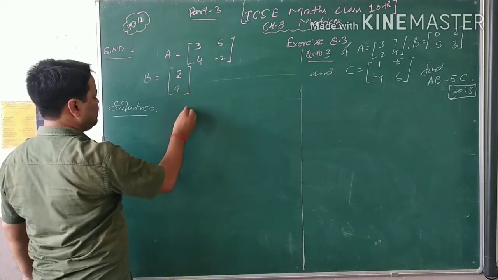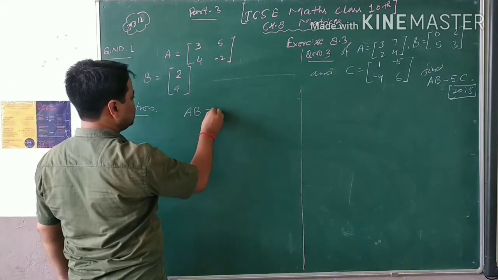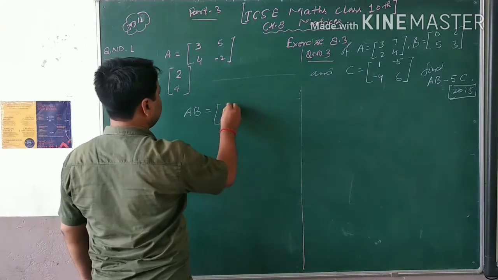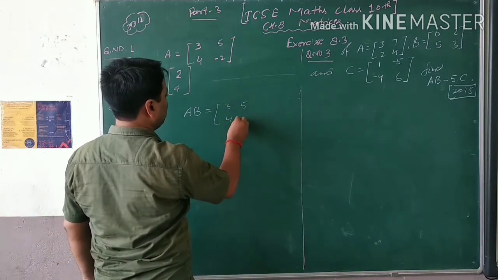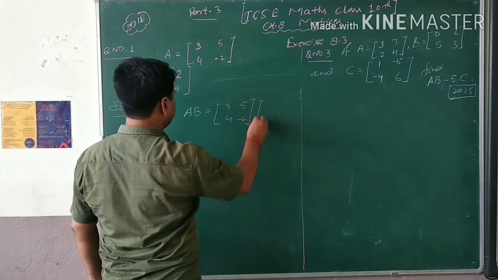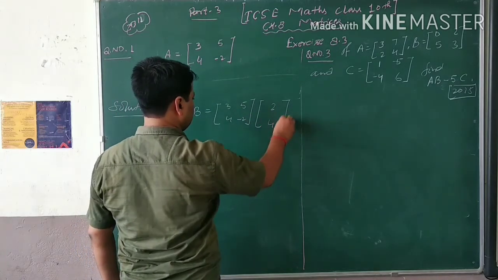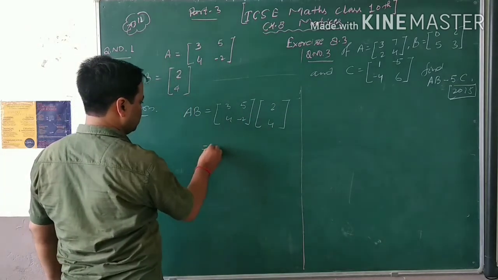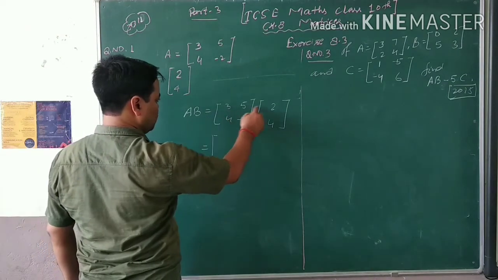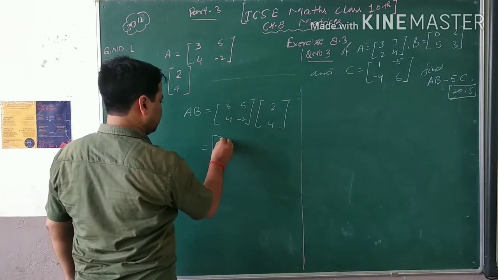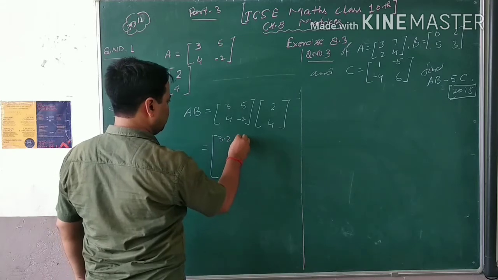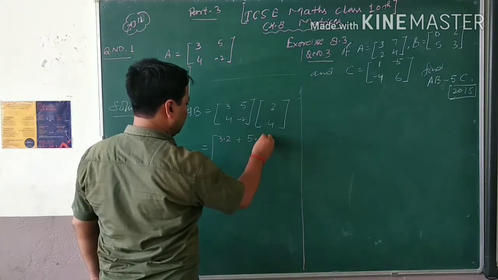Here AB is 3, 5, 4, minus 2, and B is 2 and 4. Then what do we do? First row, first column means 3 into 2 plus 5 into 4.